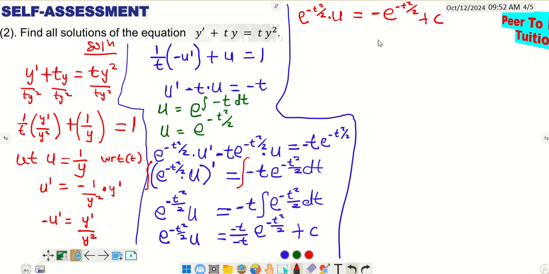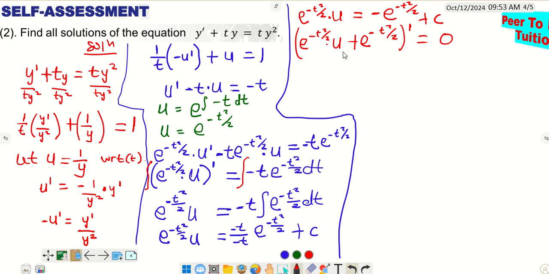Now from here, we can take the total derivative of it. That is going to be e^(-t²/2) multiplied by the u plus e^(-t²/2) should be equal to a constant c. But if I take a total derivative of it, then it will be equal to 0.